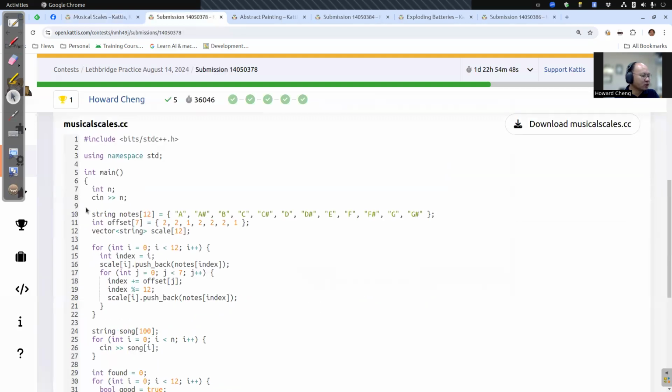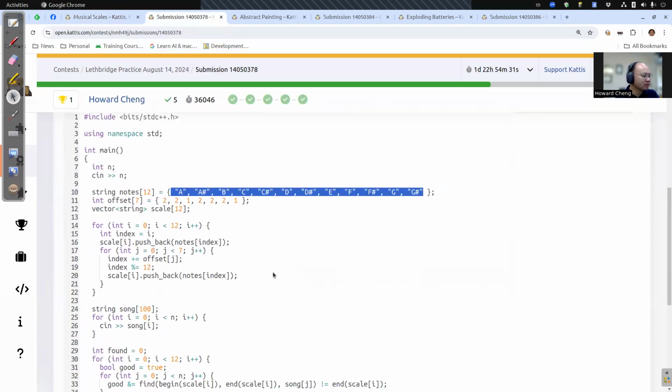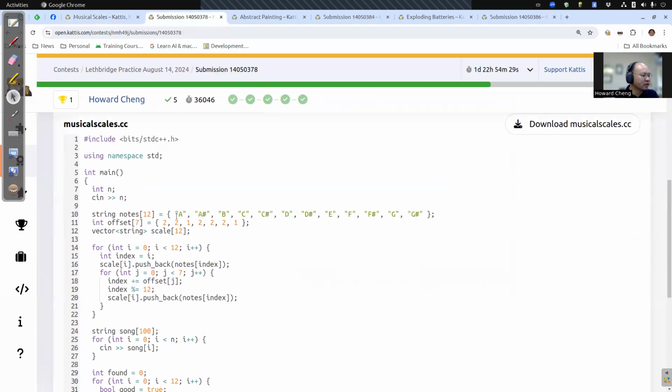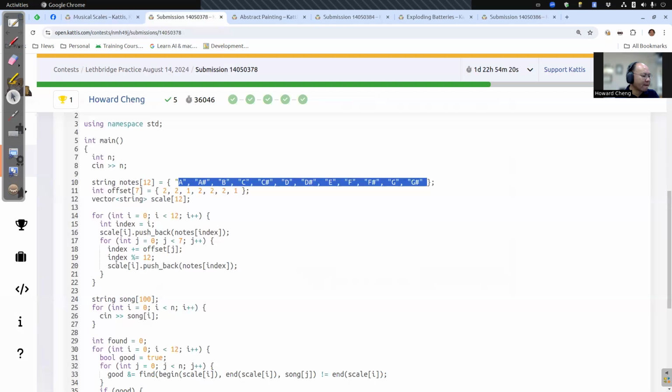So the first thing that we're going to do is find a way to convert all the notes into 0 to 11. And the way that I do it is I simply write an array of strings in the order that you want, right? So the first one is 0 and so on. And whenever somebody gives me a string, I'm just going to do a search in this array, and it will tell me the index.